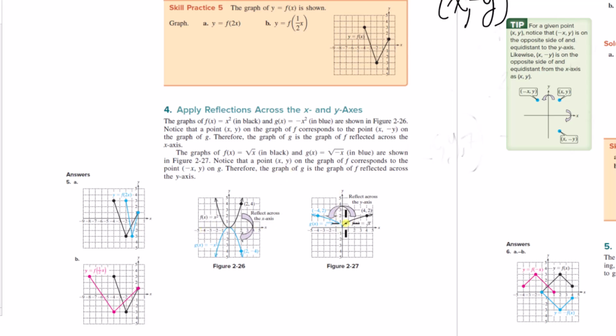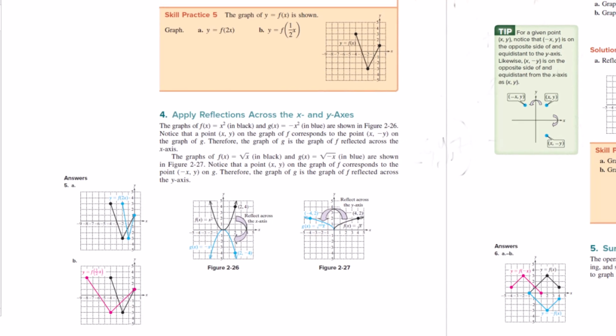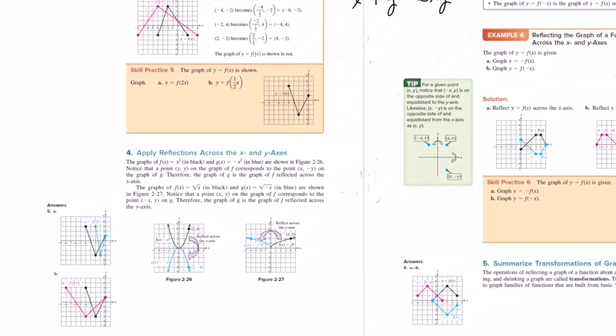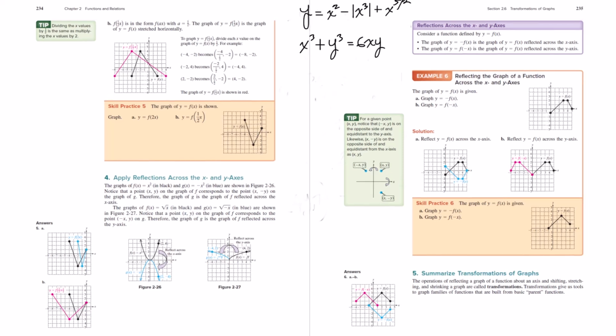Here you've got f of x equal to the square root of x. They want to reflect that about the y-axis. They put a minus sign in front of the x. g of x is equal to the square root of minus x. It does this. That reflects it about the y-axis, you see? All right, let's do that for the complicated function in relation. Here's the function.